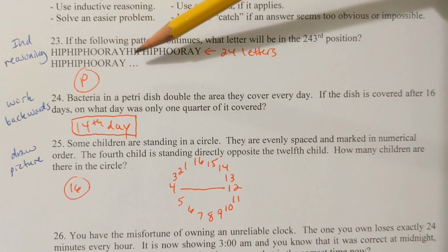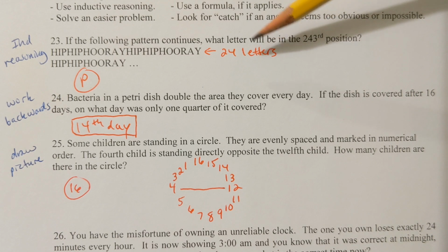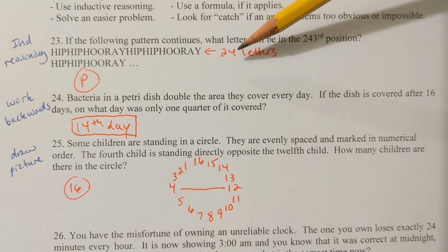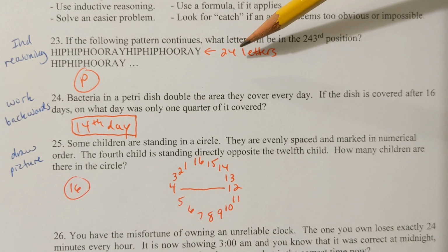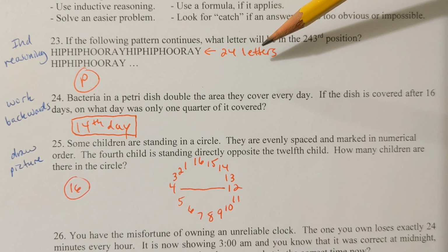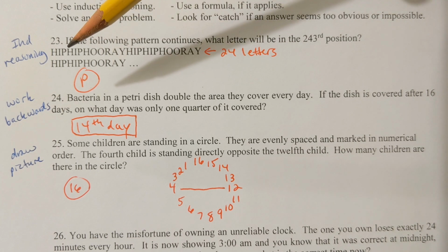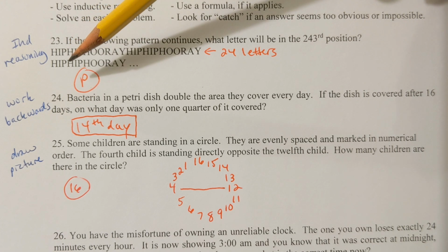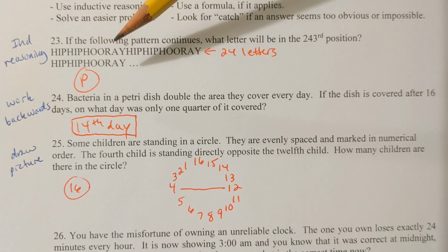So hip, hip, hooray hip, hip, hooray consists of 24 letters. If I write that 10 times, 24 times 10 would be 240. So an H would be the 241st letter, an I would be the 242nd letter, and a P would be the 243rd letter. So P would be the right answer.